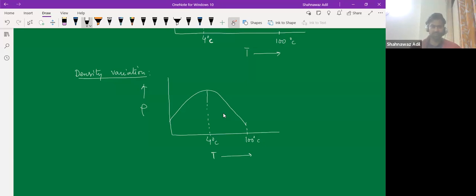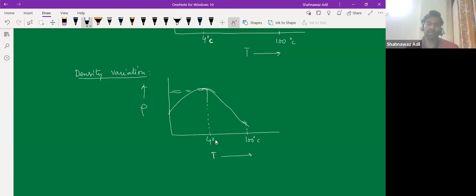From this graph, this is the maximum point. So at 4 degrees, and density decreases after that, right? So this should be downward, right? So I should write from here. So at 4 degrees C, the density is max, right?